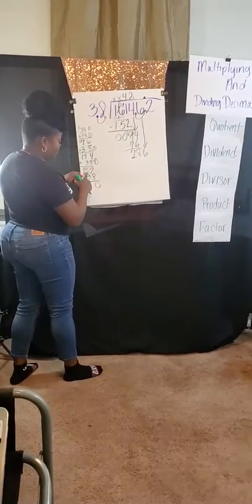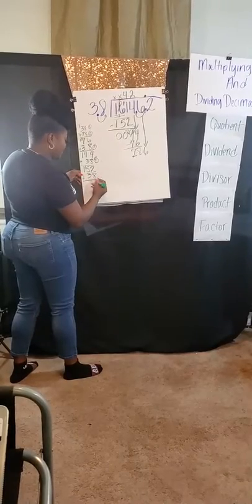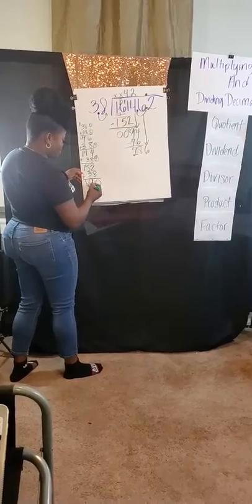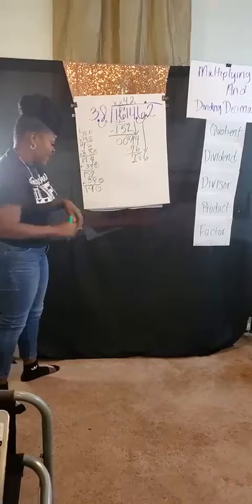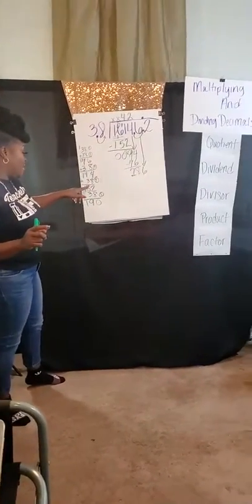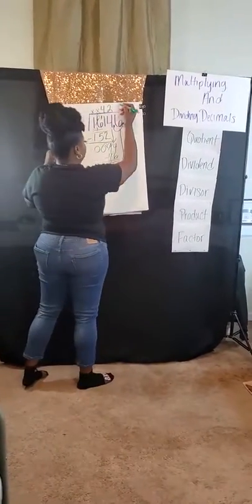Carry the 1, 3 plus 5 plus 6. 6 and 3 gives me what? 9. And here we go with dropping down the 1. So now that's 38 times 5, which gives us 190. So guess what? We have to go back up here, where 38 times 4 gives us 152.